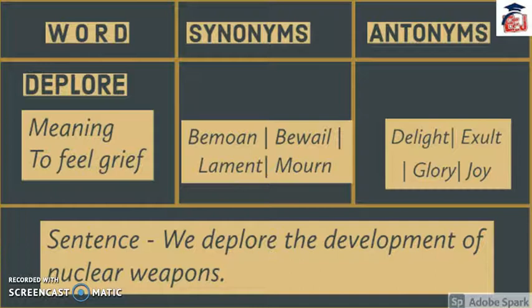So deplore means we do not feel good about the development of nuclear weapons, because it is going to demolish the whole world. That should not be done. So deplore means to feel grief about someone or something. Let's move to the next word.